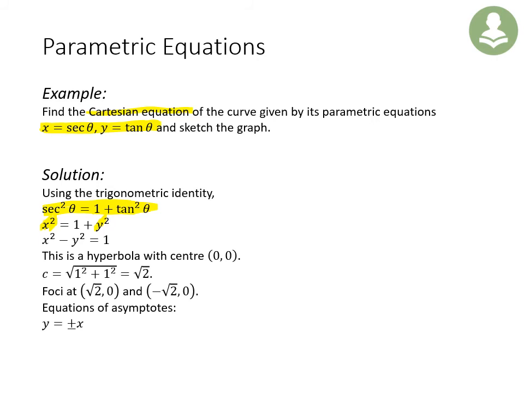And very importantly, we want to link this to what we learned previously. We notice that this is a hyperbola standard form and its center is (0, 0). We learned how to obtain the value of c, which is the distance between the center and the two foci. Of course, we also discussed how to obtain the equation of the asymptote.